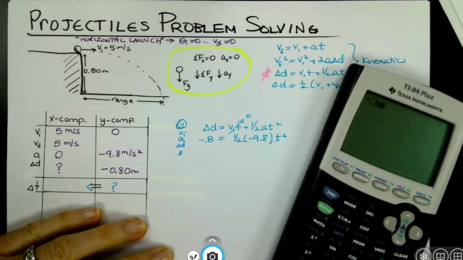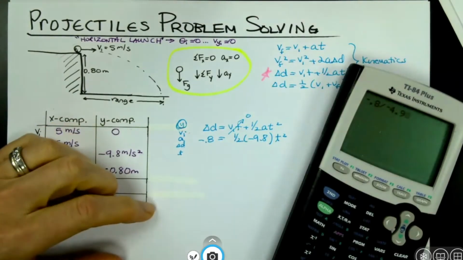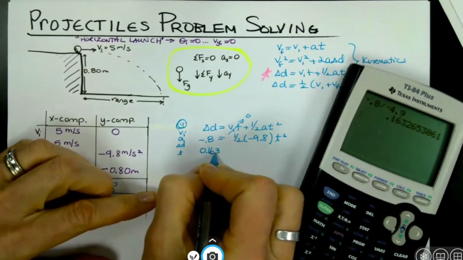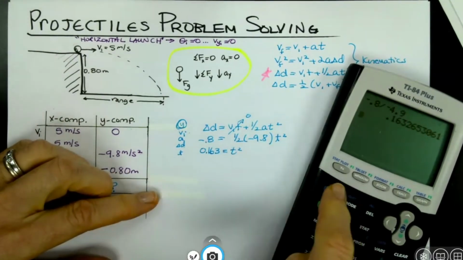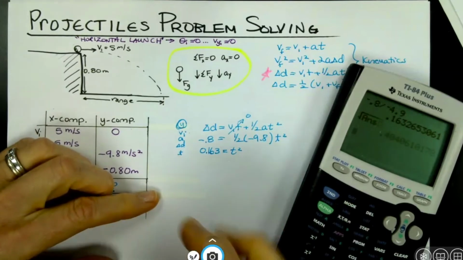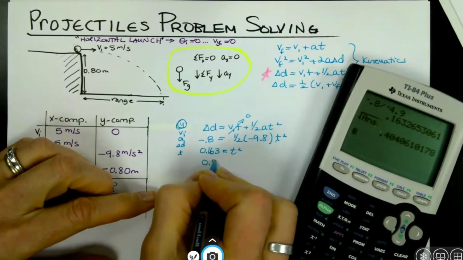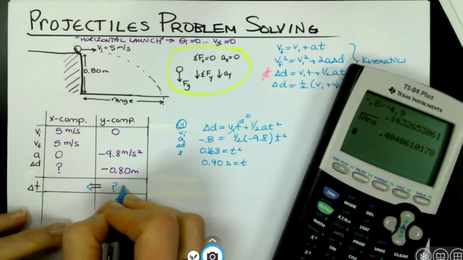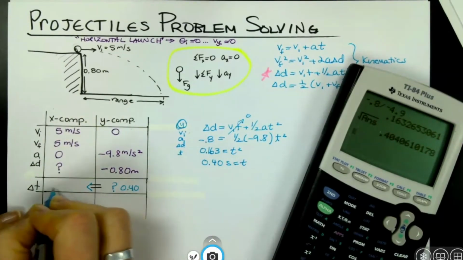Negative 0.8 divided by negative 4.9, half of 9.8. You do this often enough, you'll know that by heart too. And then take the square root. And it comes up to be 0.40 seconds is your time. So that goes in here, which means it goes in here.